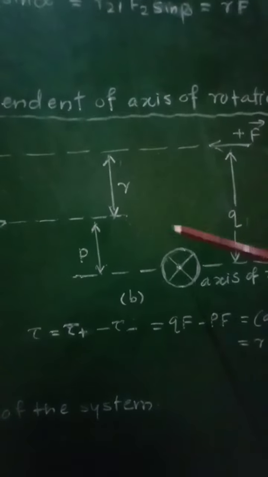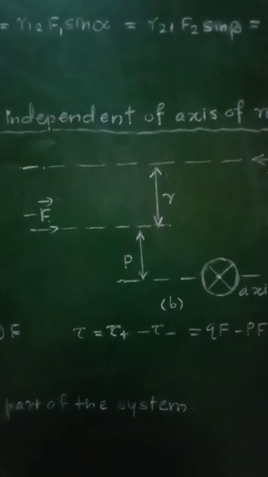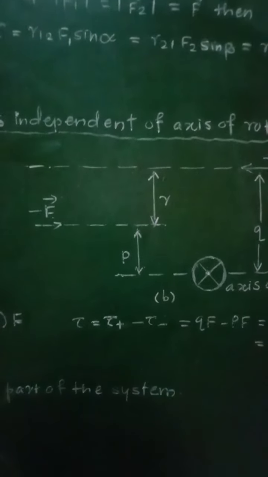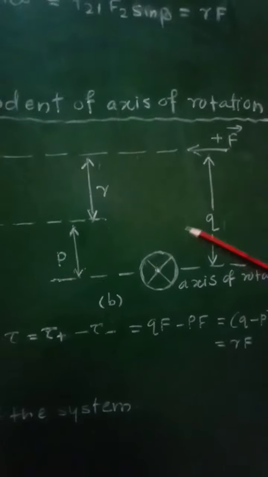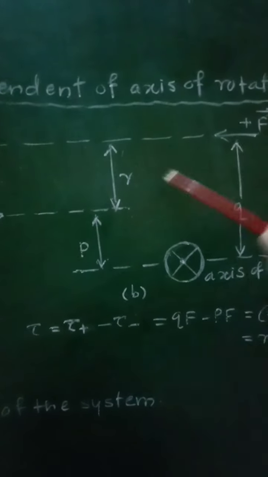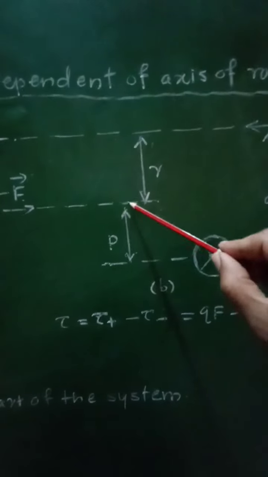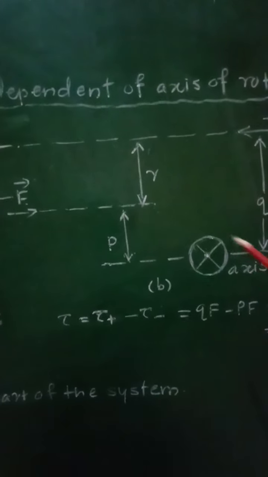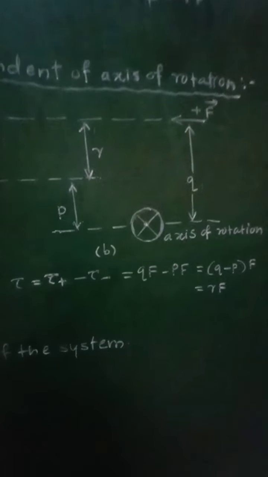So on the same side of the axis of rotation, the lines of action of the forces plus F and minus F are there, and therefore the perpendicular distances of the forces plus F and minus F from the axis of rotation are taken as Q and P. So Q is the perpendicular distance of force plus F, and P will be the perpendicular distance of the minus F force from the axis of rotation.